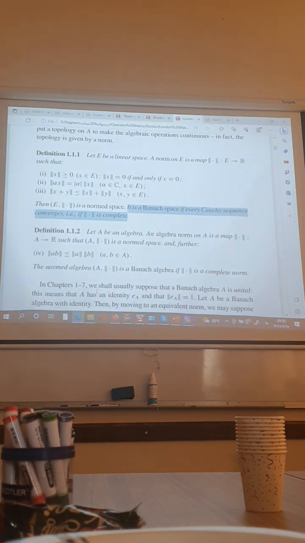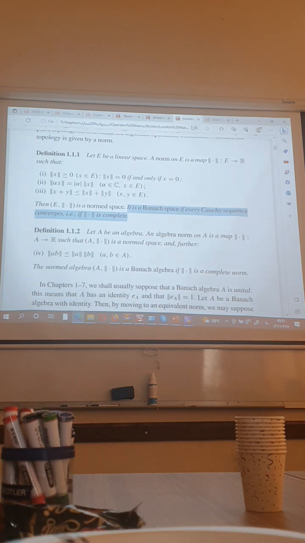In the definition of a Banach space, we must have this property: every Cauchy sequence must be convergent. So in Banach spaces, a Cauchy sequence equals a convergent sequence.